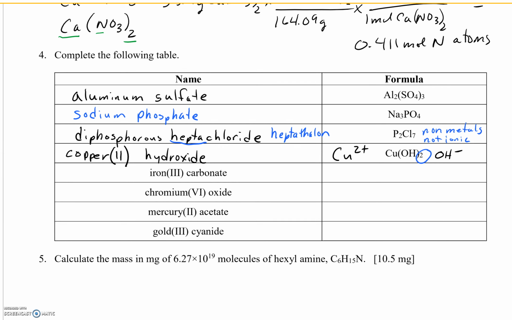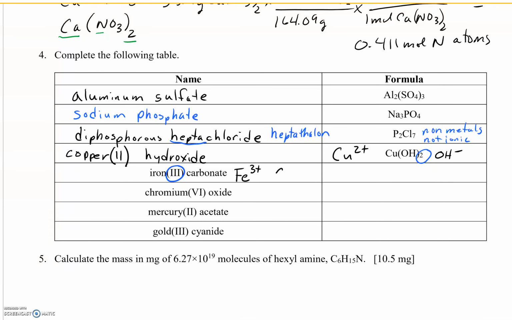If you haven't learned about that Roman numeral system, you ought to check out the notes or the text and make sure you're familiar with it before you try the next 4 questions. For iron 3 carbonate, we know that the Roman numeral tells us one thing and one thing only. The Roman numeral 3 tells us that iron, Fe, has a 3+ charge.